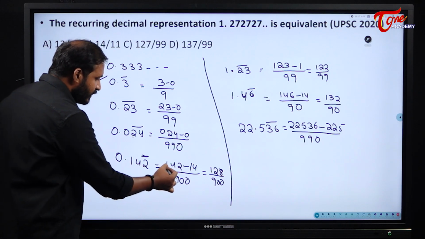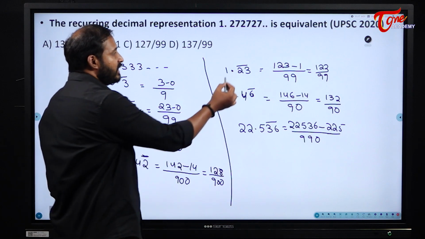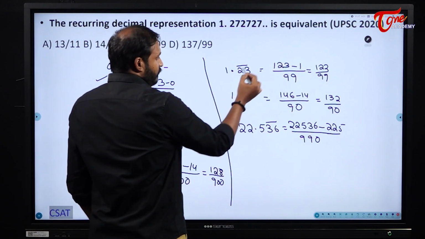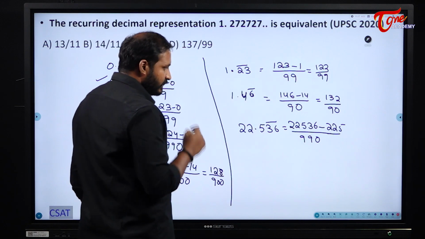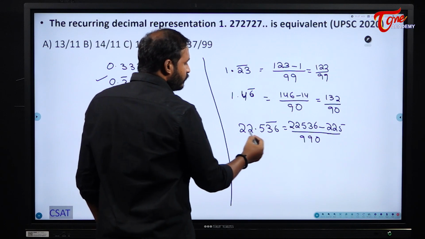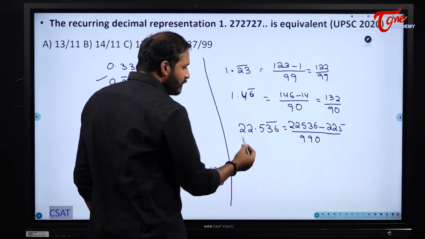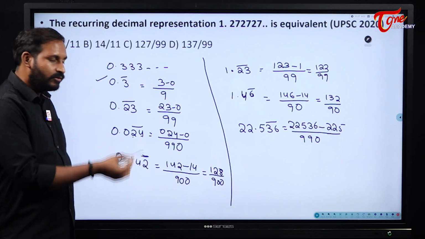So without the decimal I have written 142 and subtracted the non-repeating 14. Next, for the numerator 123, I have written it without the decimal point, and non-repeating is 1, so minus 1. Now see here, 146, non-repeating is 14, so minus 14. Here 22536 I have written completely, non-repeating is 225, so I have subtracted 225. Like this you need to write the things.